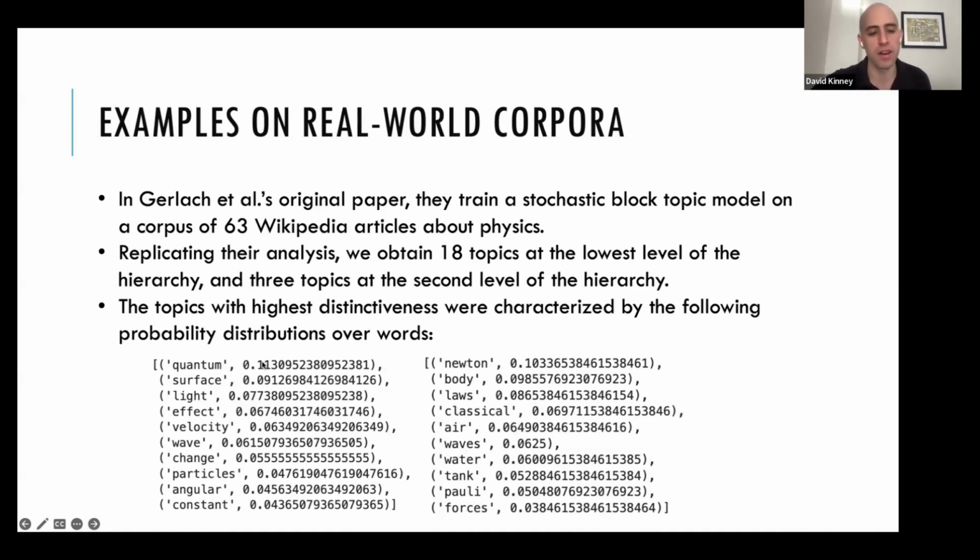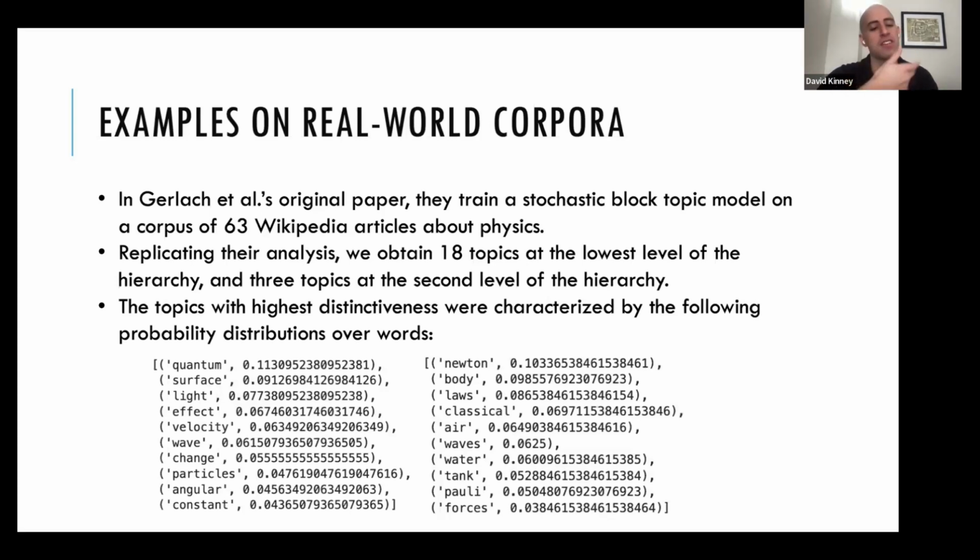Here it's a little trickier, but quantum is obviously the number one word to be sampled. If you're writing a document by sampling, and there's an 11.3% chance that you're going to use the word quantum every time you pick a word, I think that's a pretty good indication that the document is in some sense about quantum mechanics, right? And especially in a corpus of 63 Wikipedia articles about physics, right?